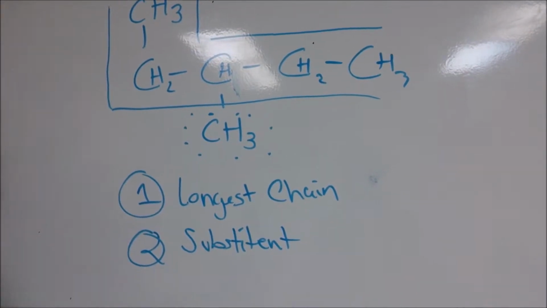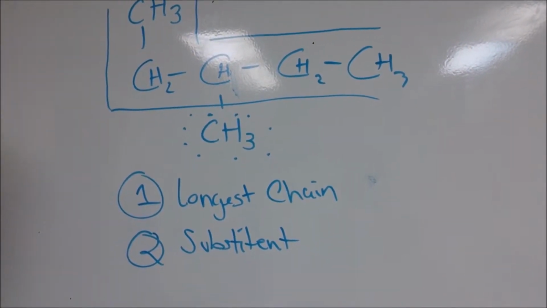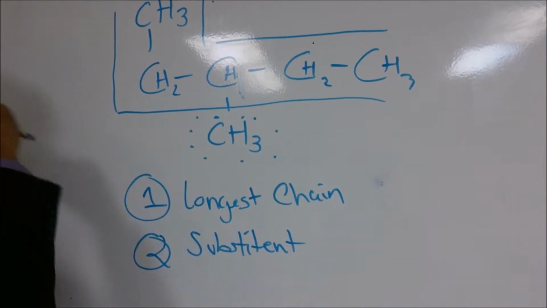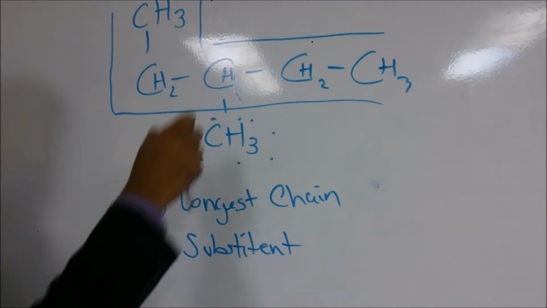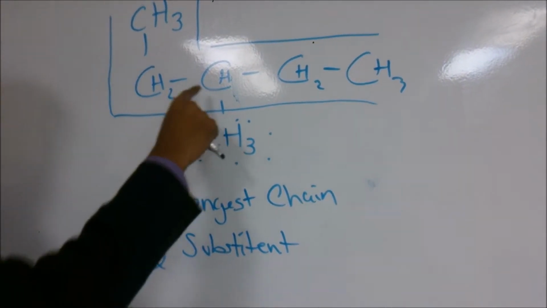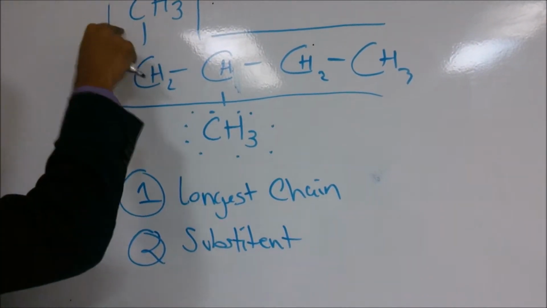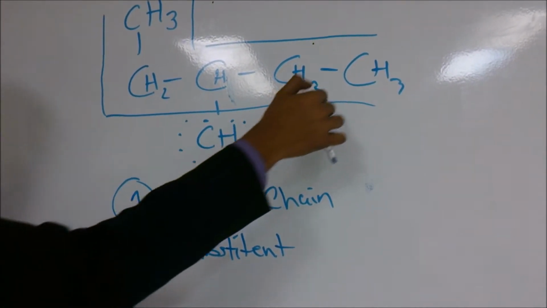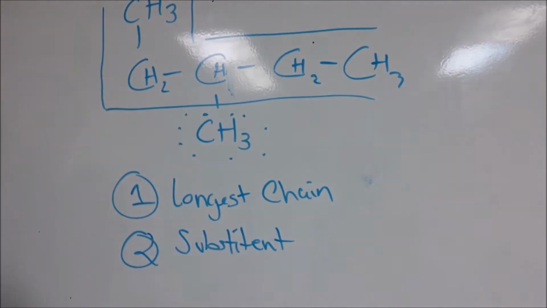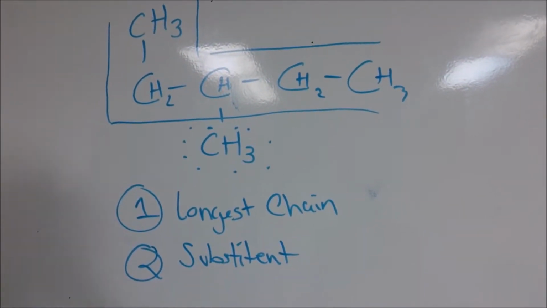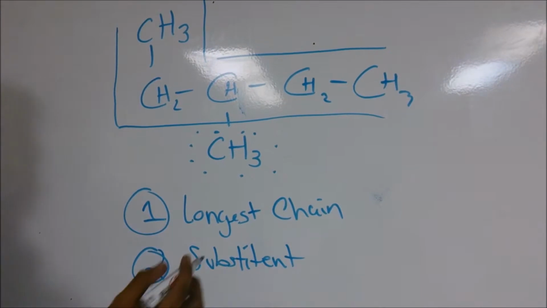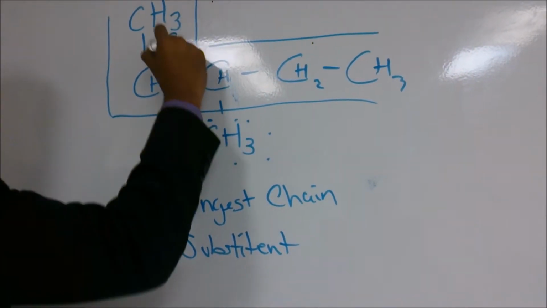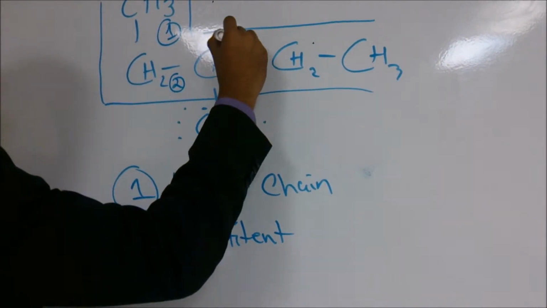For example, the closest to the branch will be the first one. So in this example, the branch is placed in this position. So from here we have 1, 2, and this will be our third carbon. And from here, this will be 1, 2, and this will be our third carbon. So in this specific case, it's the same from where we start. So we start from here, and we count the carbons.